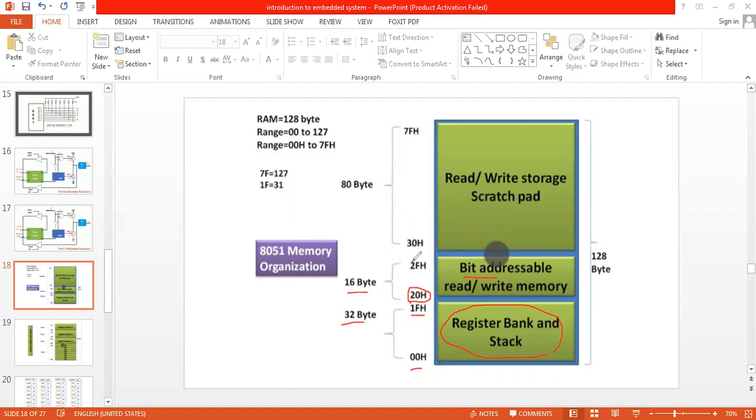And again from 30H to 7FH, total 80 bytes. These 80 bytes can be used as scratch pad for reading or writing data. We'll see what the register banks are and what the stack is now.